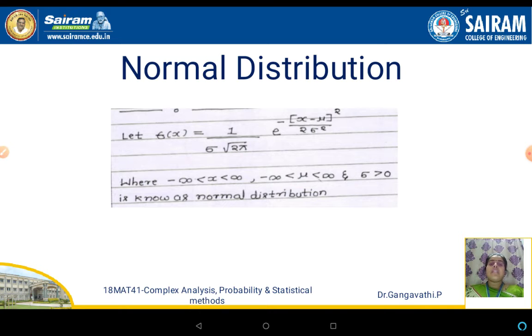Only when these conditions are satisfied, we can call f of x a normal distribution. So remember, x and mu take values from negative infinity to positive infinity, and sigma should always be positive, that is sigma greater than 0.